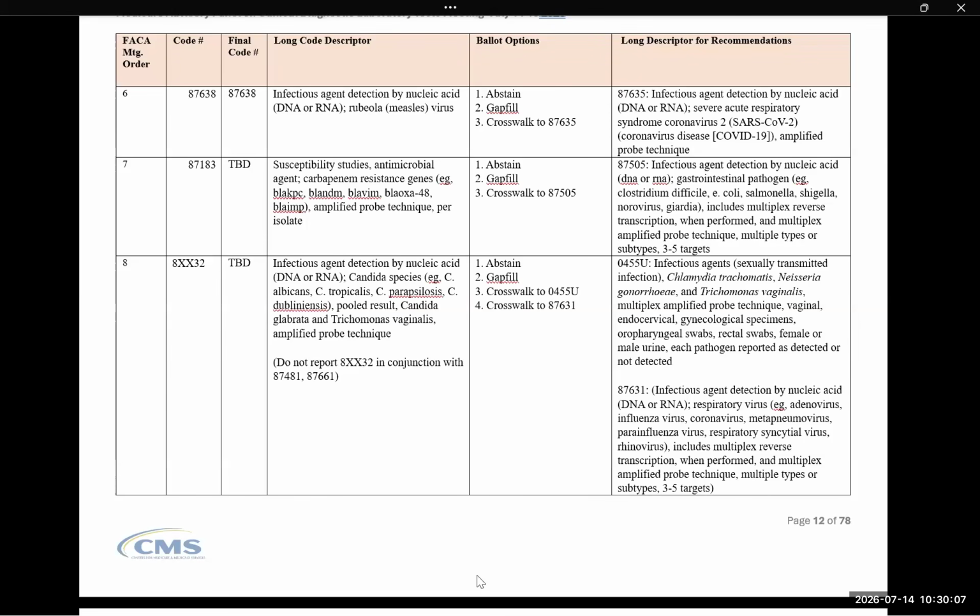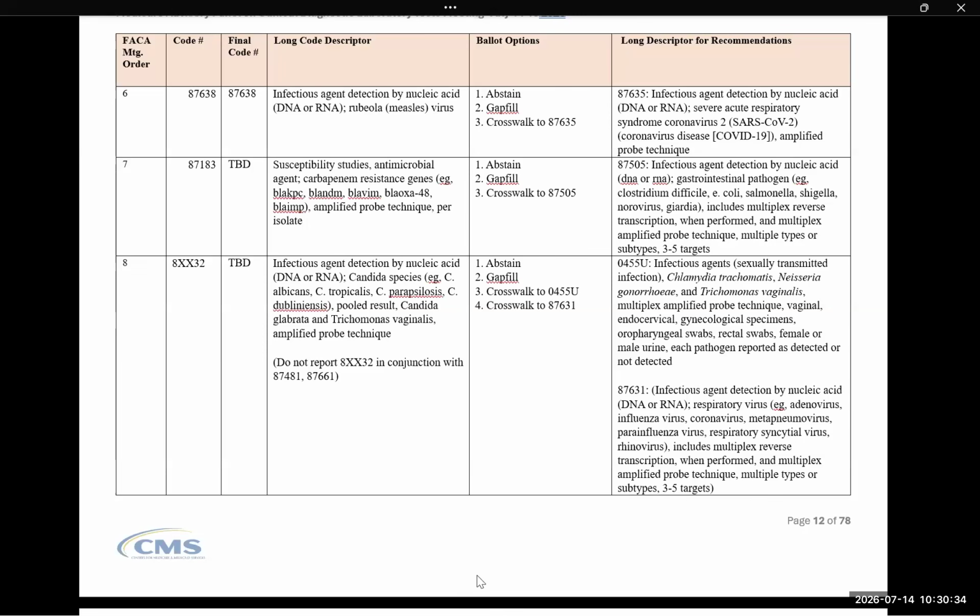specialty societies agree. Upon further evaluation, this test is a multiplex assay evaluating all the targets at the same time on each isolate tested, and therefore the committee recommends that we crosswalk to 87505, which also uses PCR to evaluate 3 to 5 targets per specimen and also addresses the economies of doing the multiplex test.